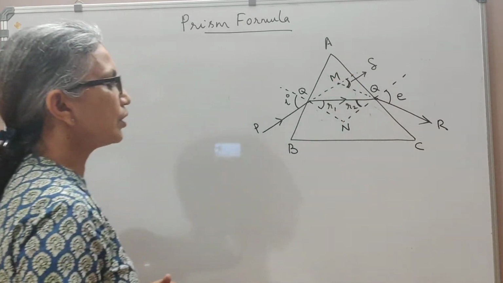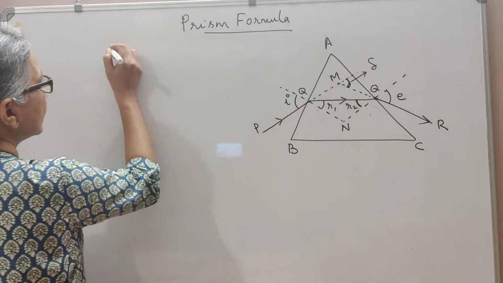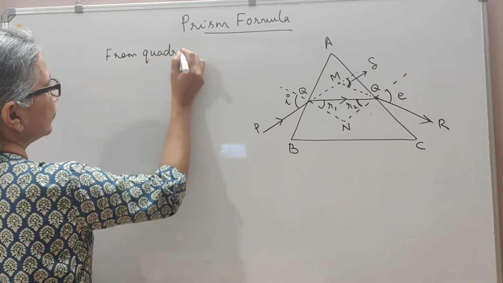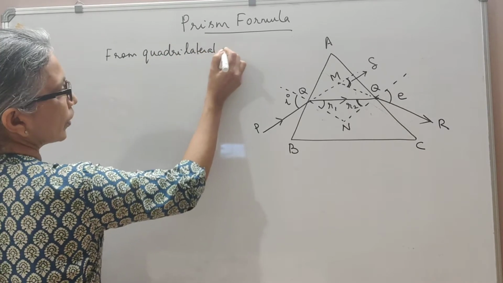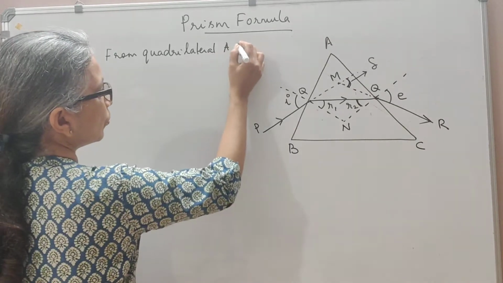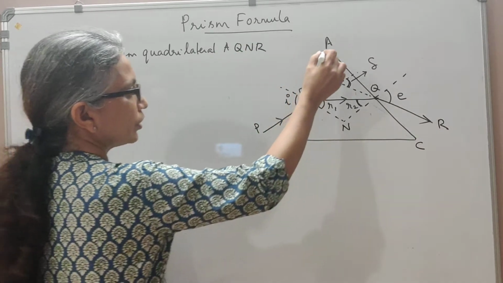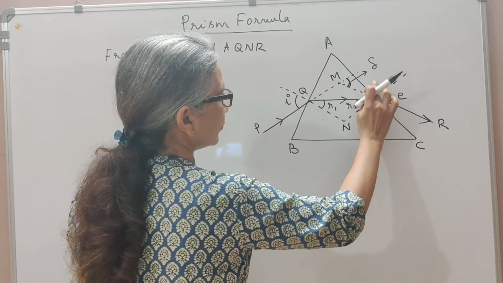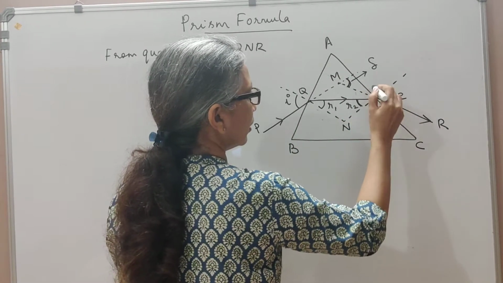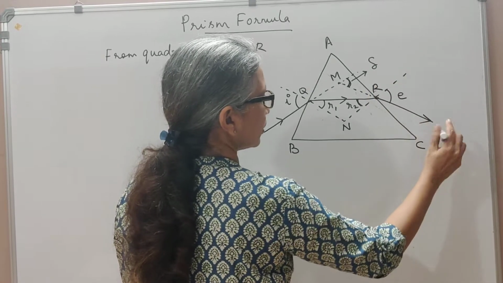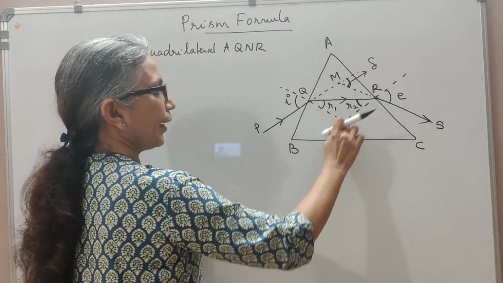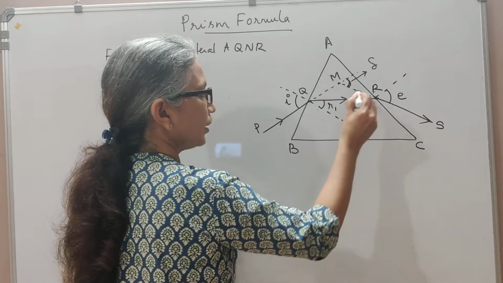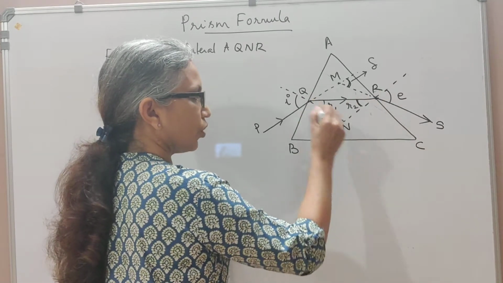Right? So first we are going to look at the quadrilateral A, Q, N, R. Now for this quadrilateral, you know this is a 90, this is also a 90 because this was a normal, right?